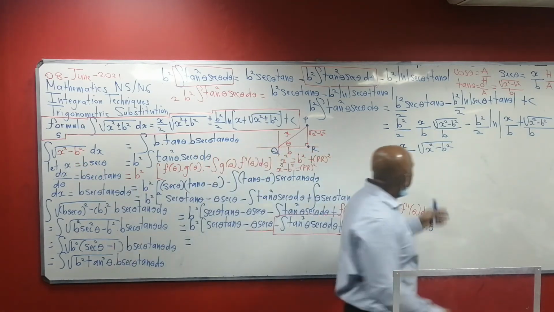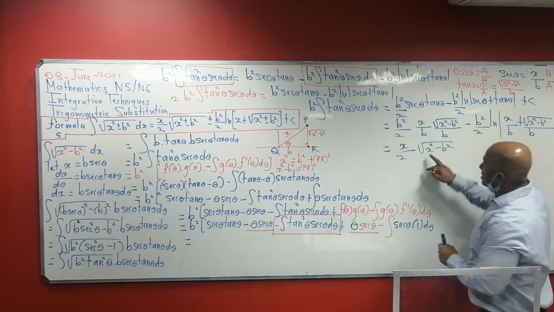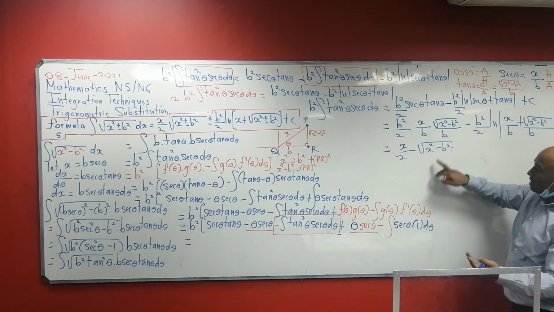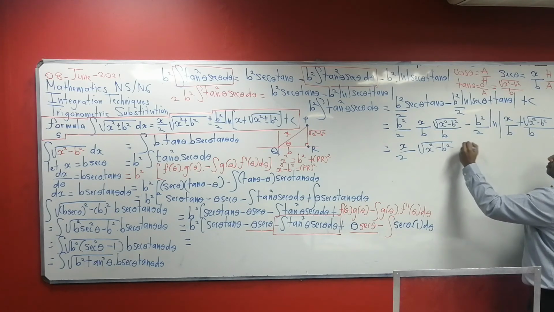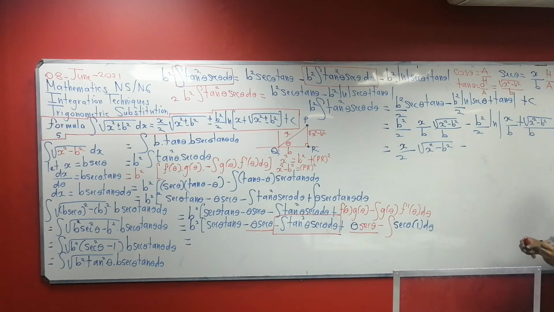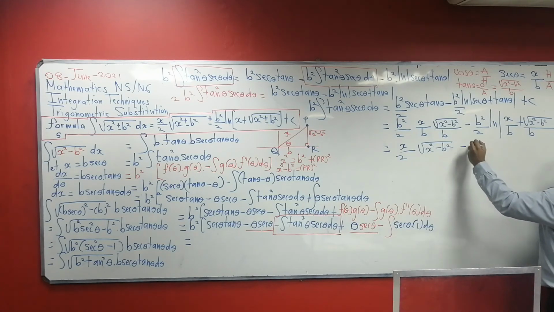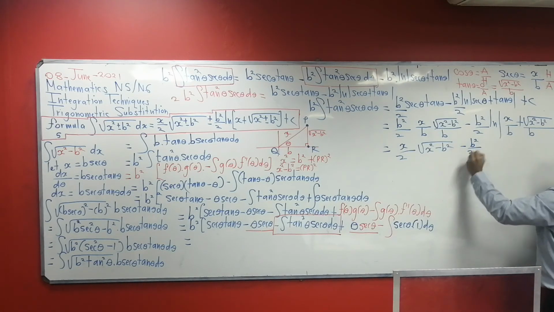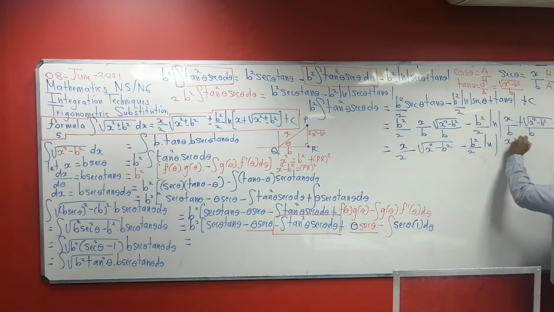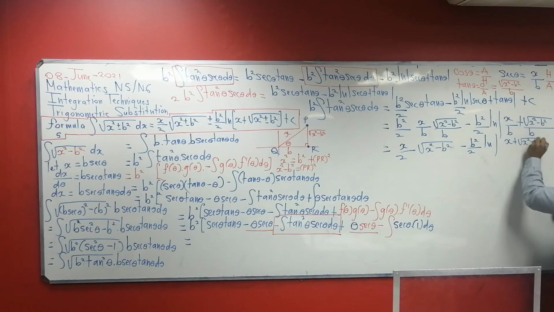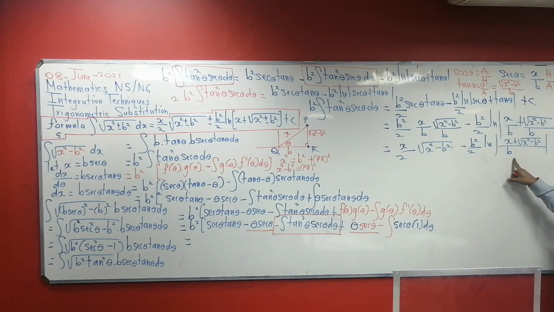So I got the first part, x over 2. If we are using the minus, then it's x squared minus b squared, minus b squared over 2, and this is going to be ln of x plus the square root of x squared minus b squared, all divided by b, because I have an LCD there.